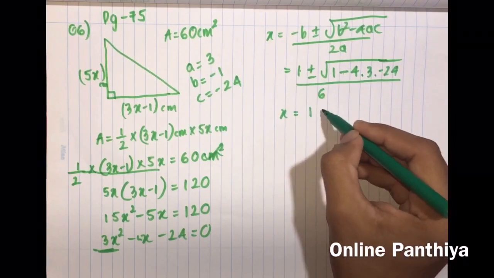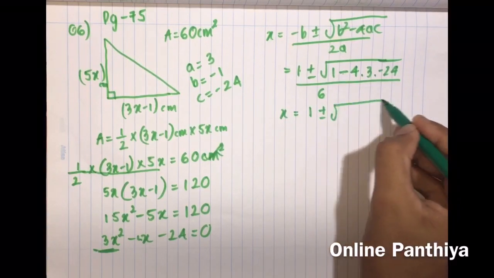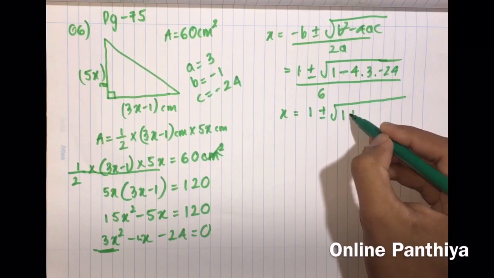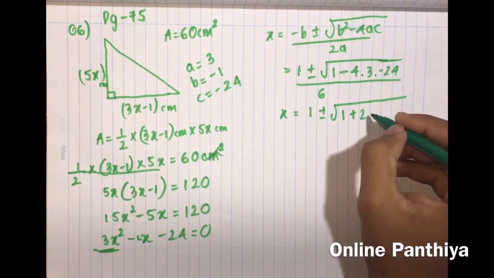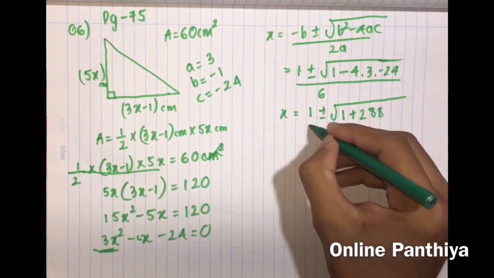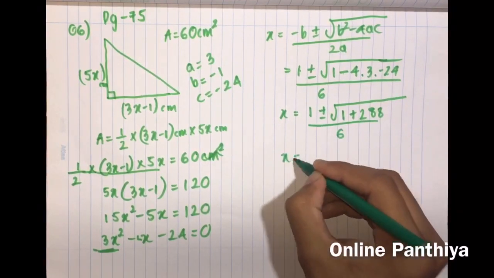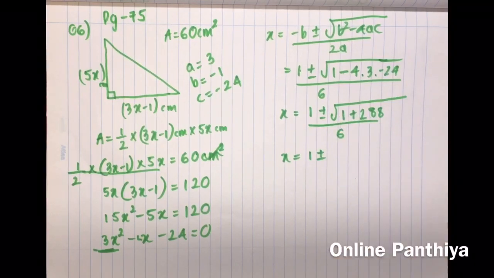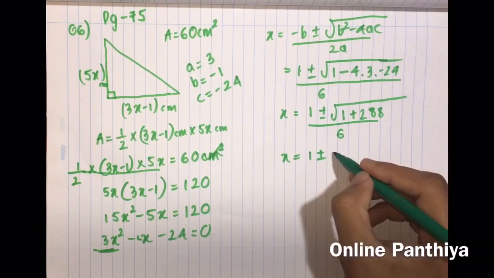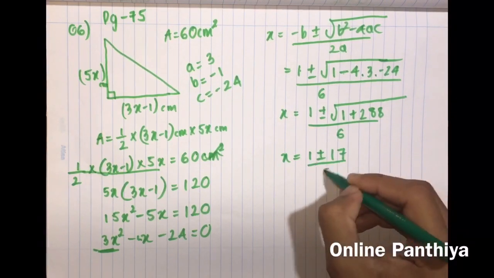And then 1 plus or minus the square root of 289 over 6. Now when you solve further, you have the total is 289. 289 is a perfect square. The square root of 289 is equal to 17.